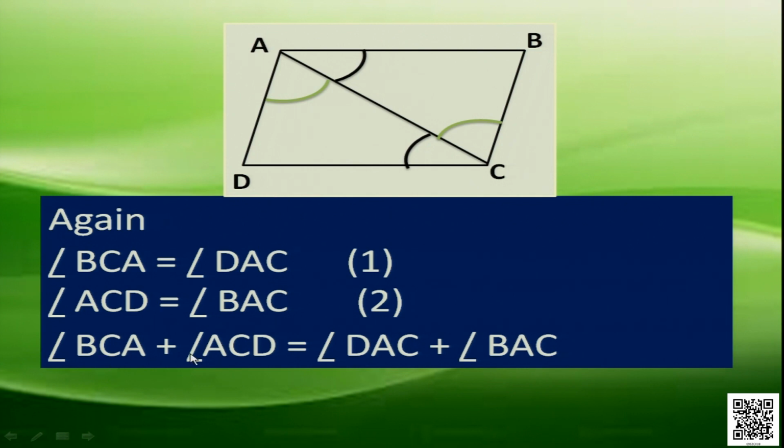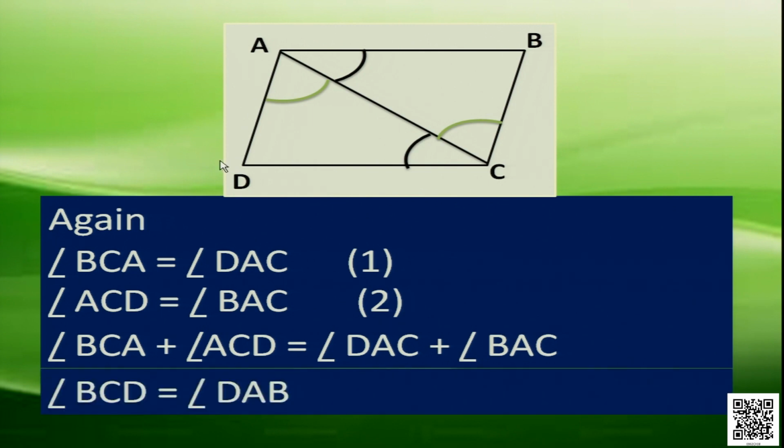So BCA plus ACD will give angle BCD. Similarly, angle DAC and angle BAC, these two are also adjacent angles. So sum of these angles will be the greater angle, that is BAD. So we can write BCD is equal to DAB. This is the second part of our theorem.